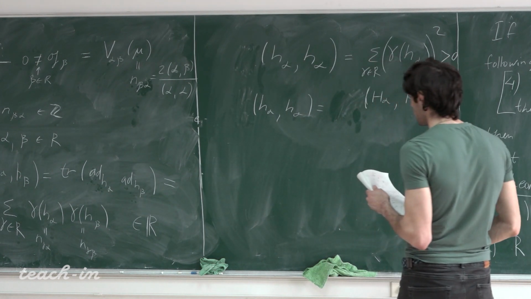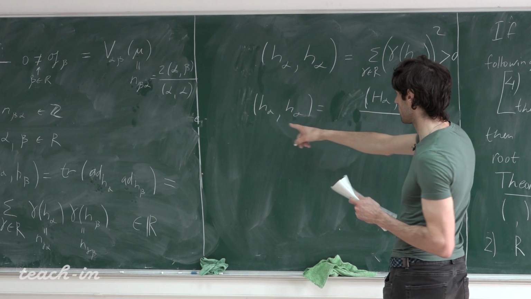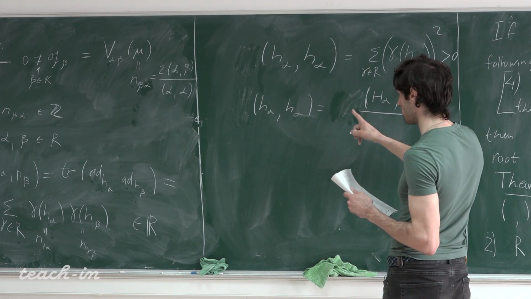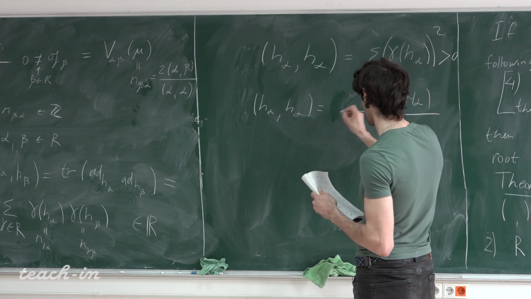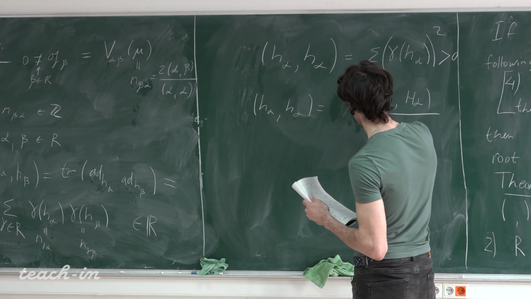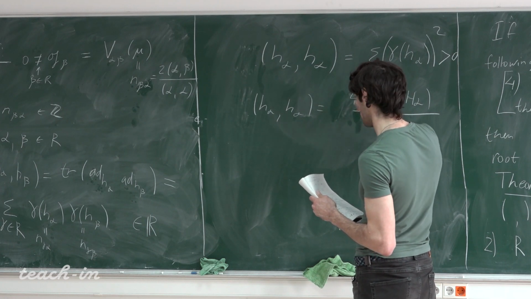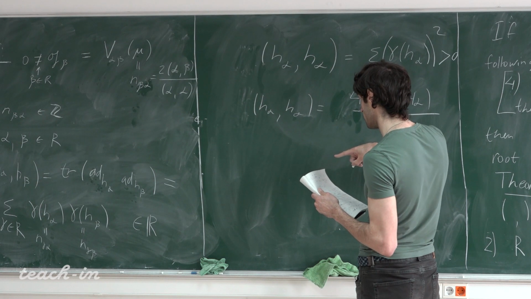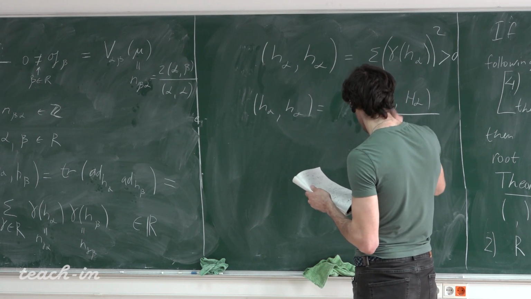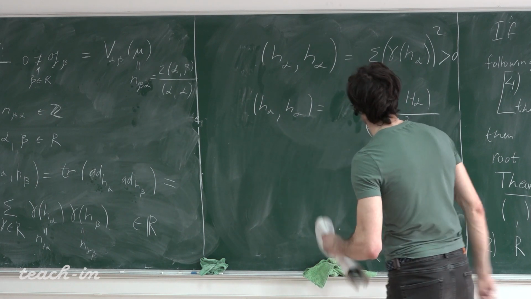So H alpha, and then I have also some number that I have to factor out, and the resulting factor is 2 divided by alpha, and I need to square it, so like this.